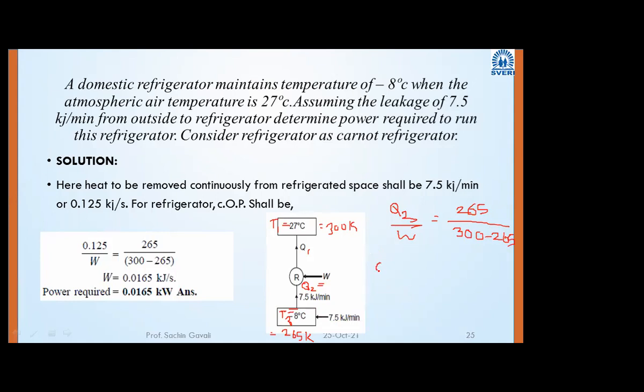Q2 is equal to what? 7.5 kilojoule per minute, and to get kilowatt we divide by 60, and it will be 0.125.